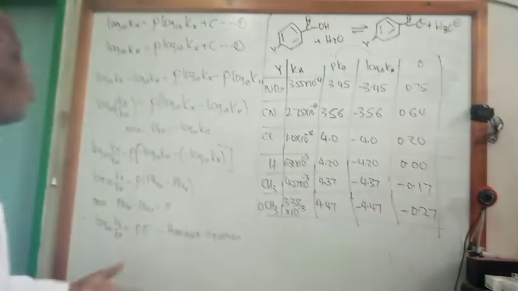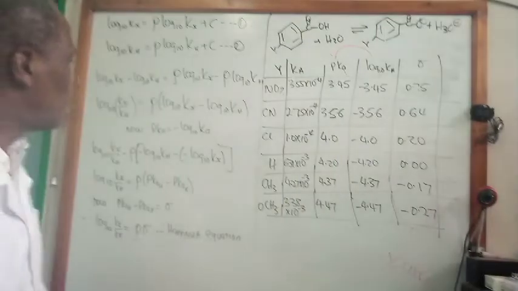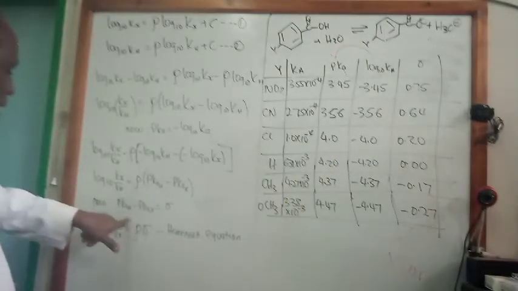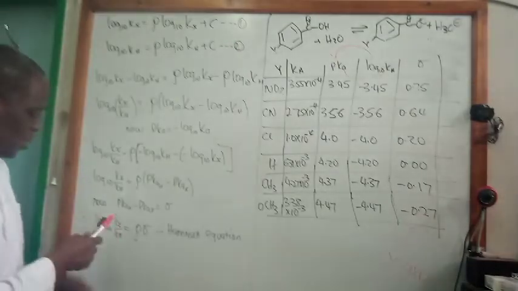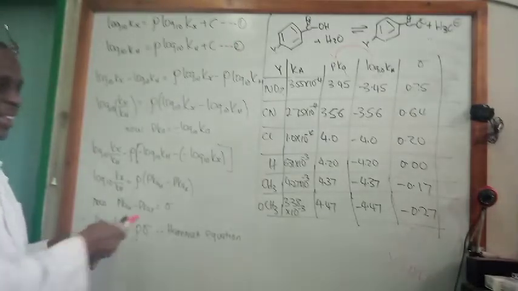Now, we look at another table which will now give the rate constant. So based on the rate constants, we look at the actual rate constant.